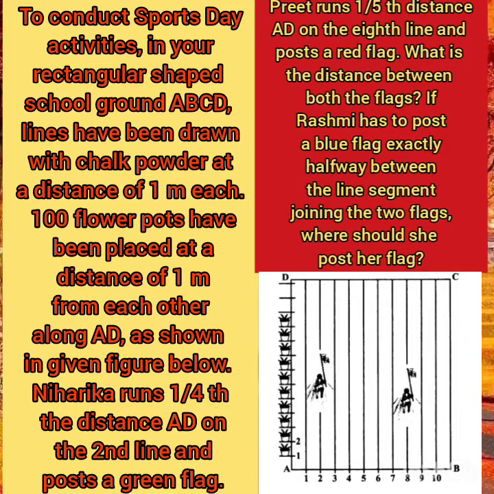This is the figure, and one by one the children are holding a flag in their hand. They are 2 children, holding the flag and moving on the sports track. The names of the students are given here. One of them is Niharika and another is here.